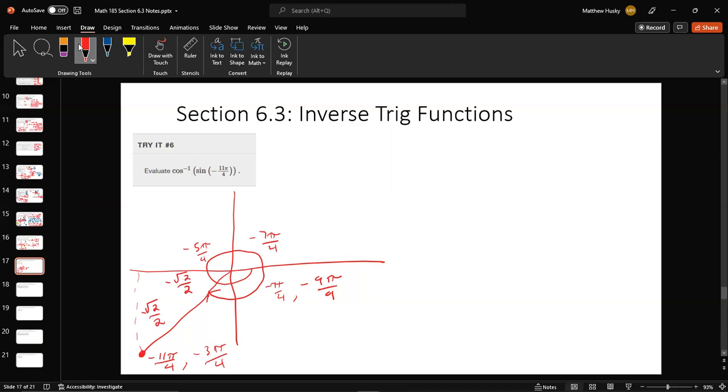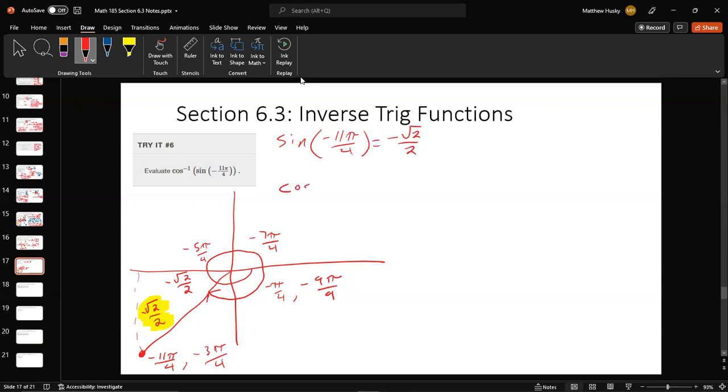And since I am down and left, both of them are going to be negative. The sine is this one right here, the y value. So sine of negative 11 pi over 4 is going to equal negative root 2 over 2.